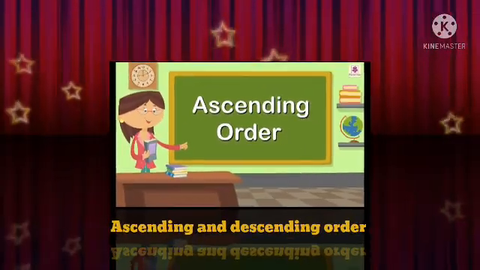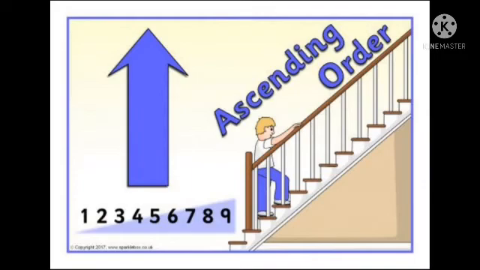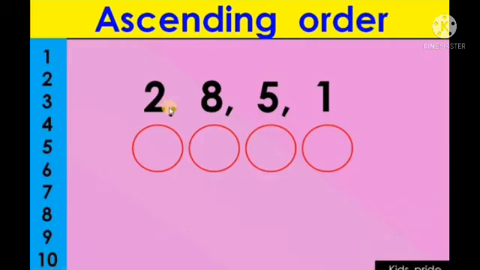Children, let's start with ascending order first. We have learned that in ascending order we go from downstairs to upstairs. Look at the numbers 2, 8, 5, 1. On the left side, a 1 to 10 number series is given, and we have to go from smallest to greatest number.